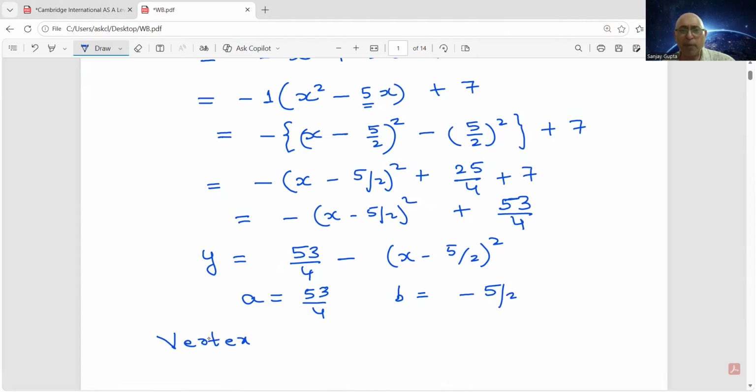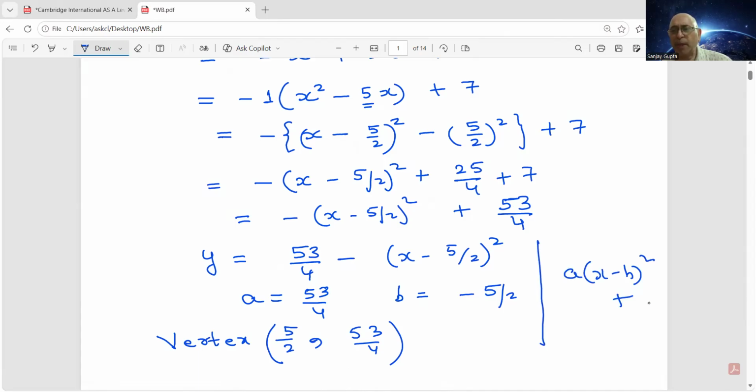Coordinates of the vertex from here would be 5 by 2 and 53 by 4. The x coordinate is 5 by 2. If you compare with the form that we did, a times (x minus h) whole square plus k, here h is 5 by 2 and k is 53 by 4.